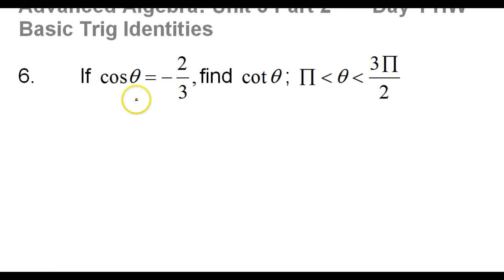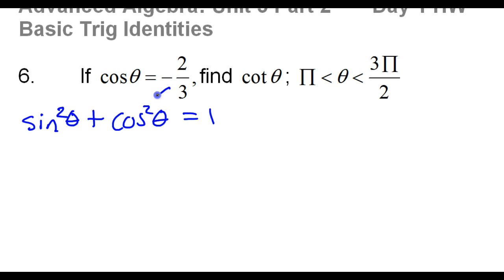Alright, number 6. Let's look at another example. I see that cosine again, so that makes me want to use the main identity. Sine squared theta plus cosine squared theta, all right, there it is equal to 1. So I'm going to put this in right there.